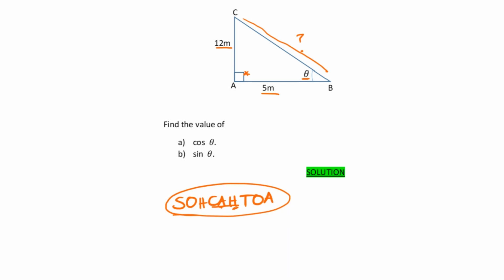Pythagoras theorem states that if you have a squared plus b squared will give you c squared. Now in this case, the way the letters are arranged, you see that a, its opposite is that one.